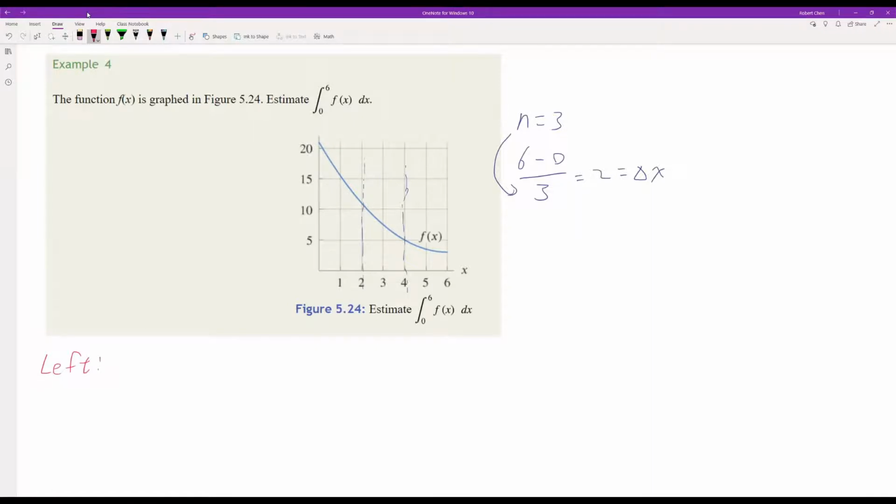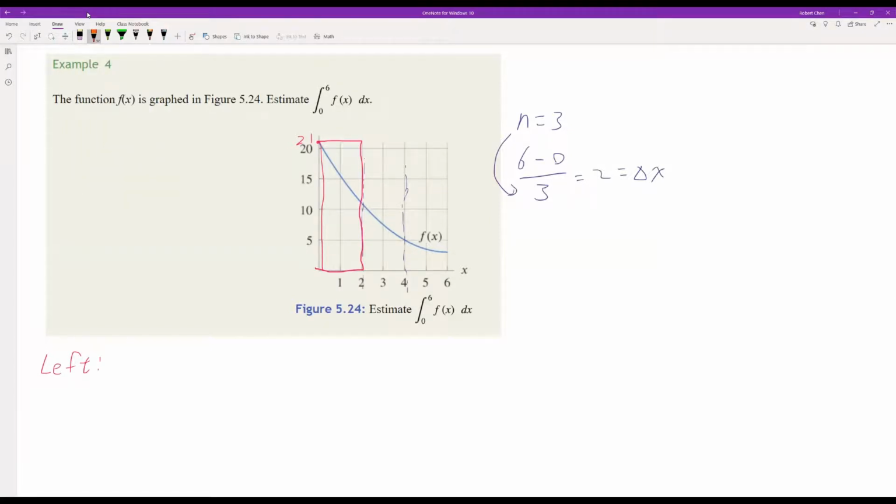For the left-hand sum, we're looking at the interval between 0 and 2, and the left value is 0. We look at where 0 is, it's right here. So we form a rectangle using the width of each interval, which is 2, like that. Let's say this is actually 21. Let's look at the second interval, 2 to 4.